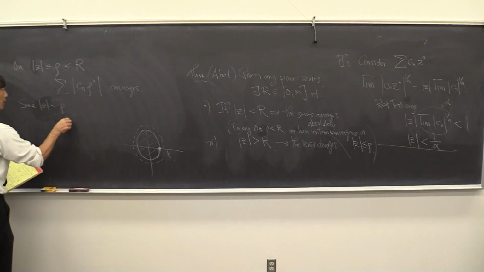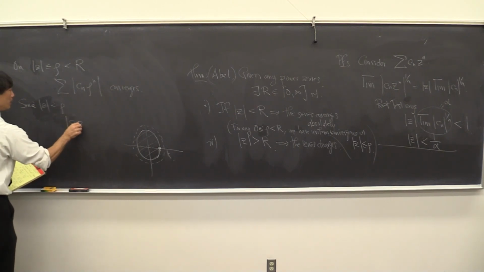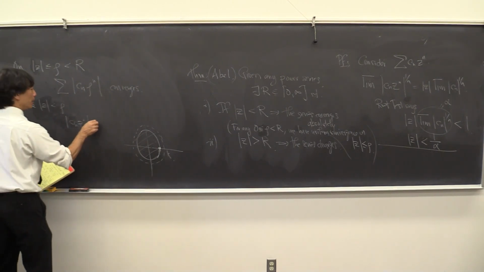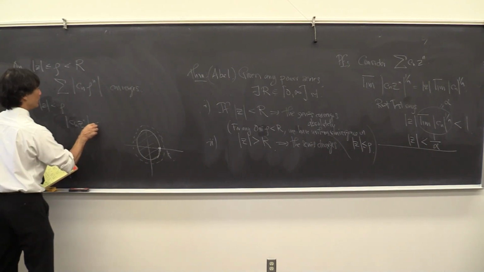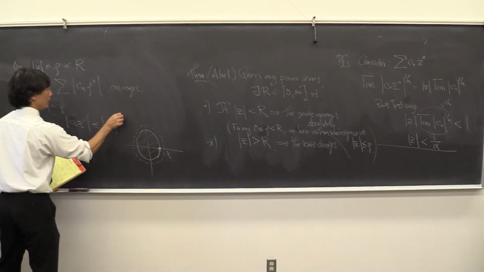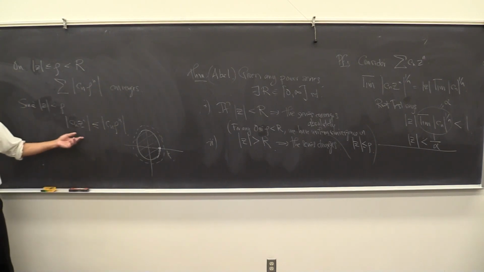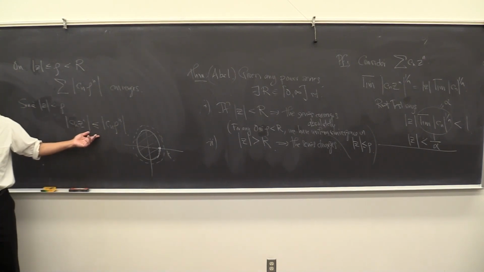we know that the absolute value of c sub n z to the n is less than c sub n rho to the n, right? And so we can use the Weierstrass M-test, right?